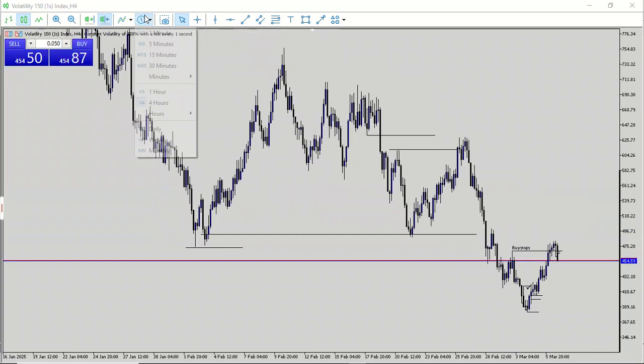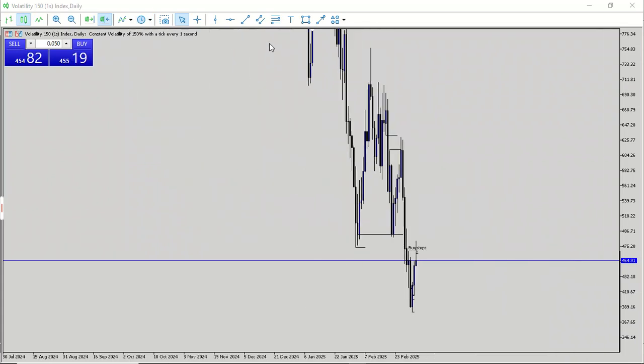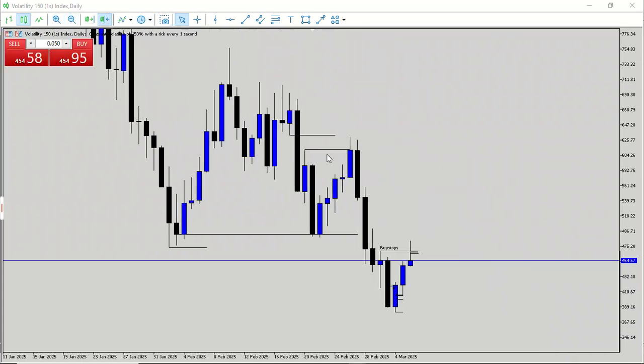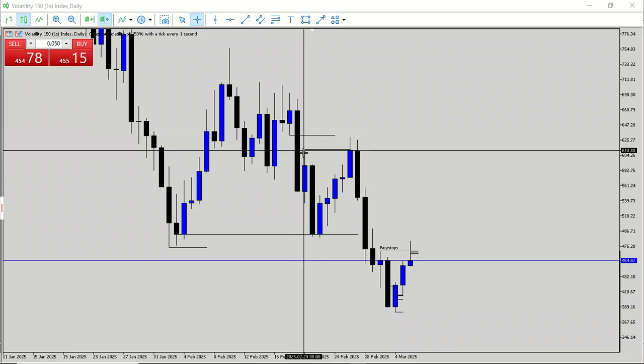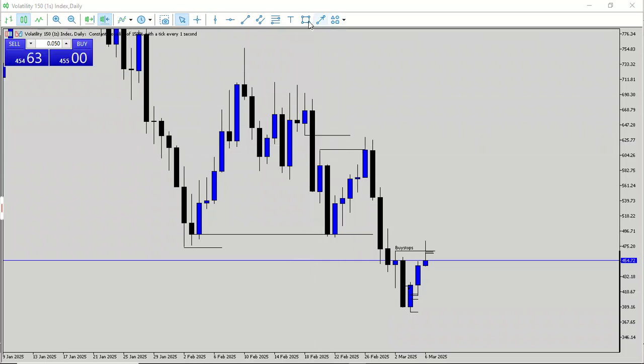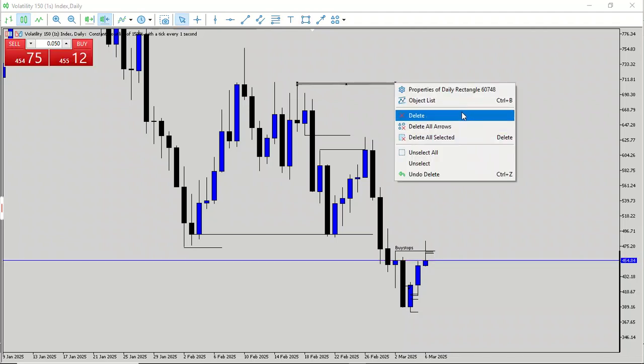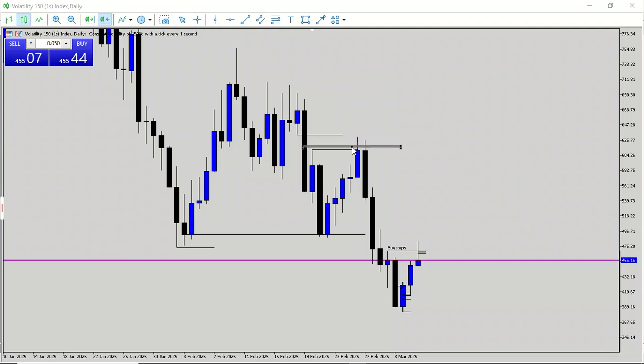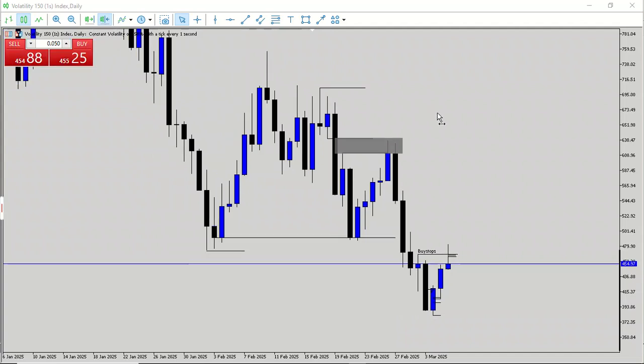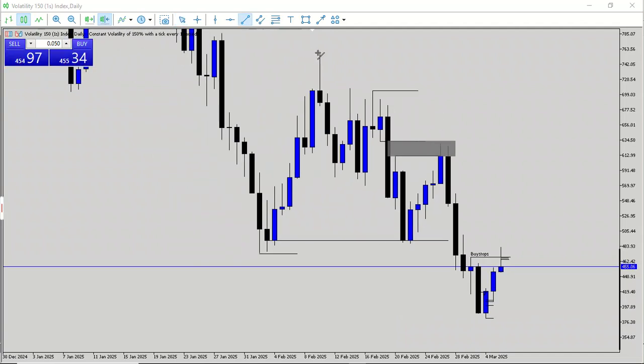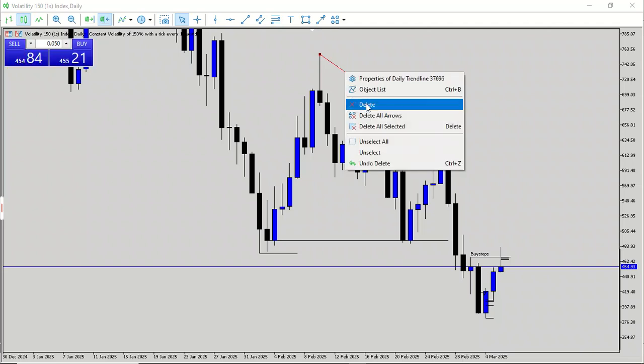So right here, we go to the daily time frame. Right here, we reacted from this sell side inefficiency from the daily time frame, which is a failed high. So we put this, and they call it SMT, shift in market structure, right?